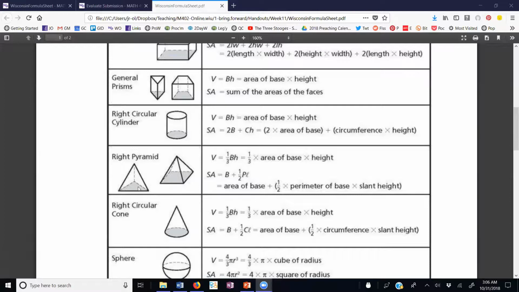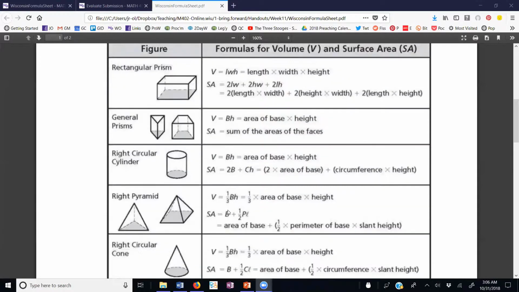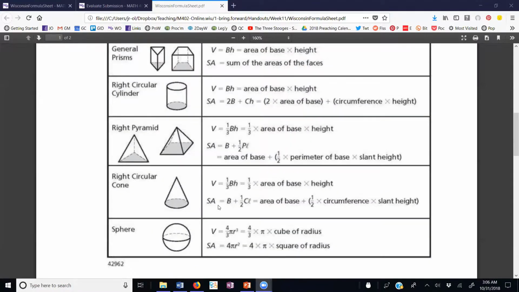You need to find the area of the base. And in the case of the cone, the area of the base is going to be the area of a circle, which we have up here, which is pi r squared. So this cap B here is pi r squared in the case of the cone.